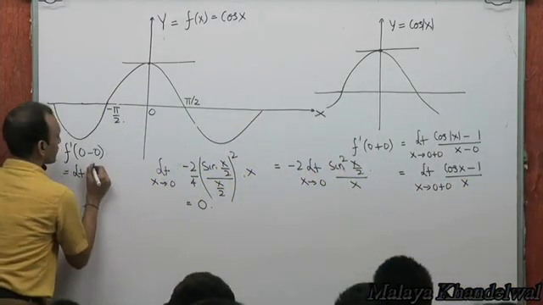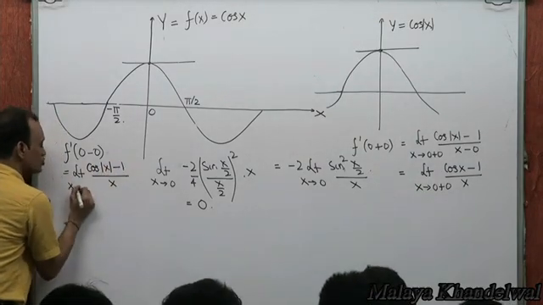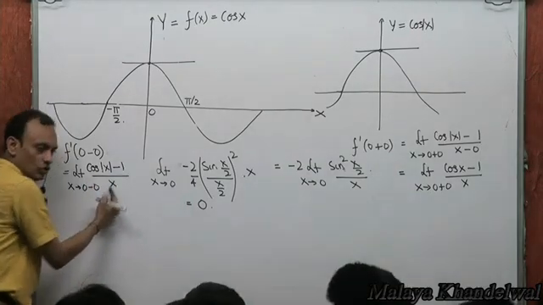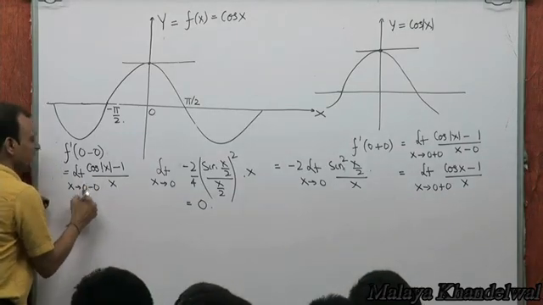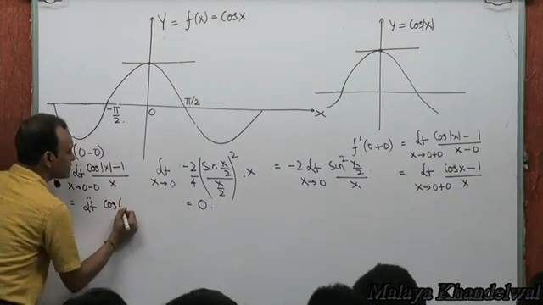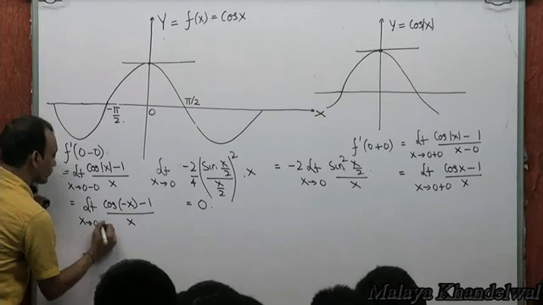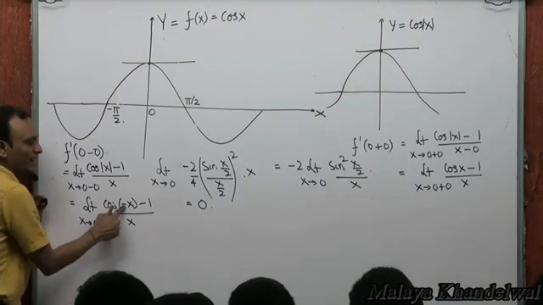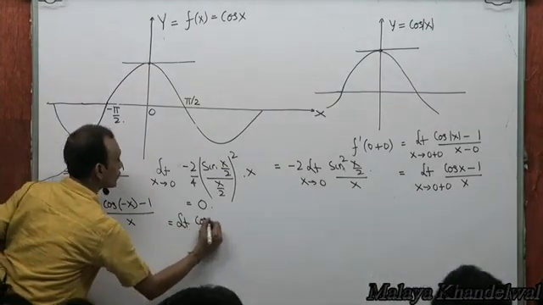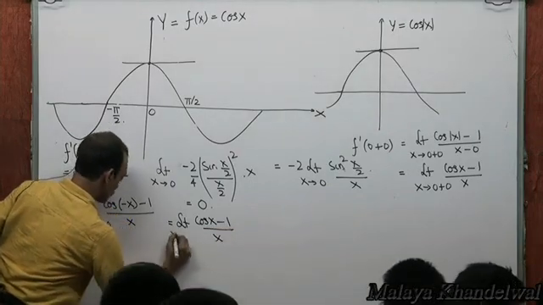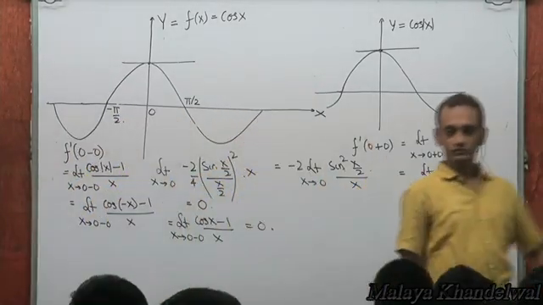So this is like limit cos mod x minus 1 by x as x tends to 0 from the less than 0 side, f(x) minus f(0) by x minus 0, right? x is less than 0, so mod x is the same as minus x. But cos of minus x is the same as cos x. And this, like before, will be 0. Yes or no?